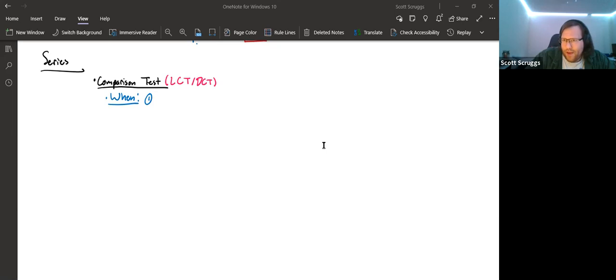There are kind of two ways for me to discern whether or not I need to use a comparison test. One, as a dead giveaway, is if the terms look like a rational function.